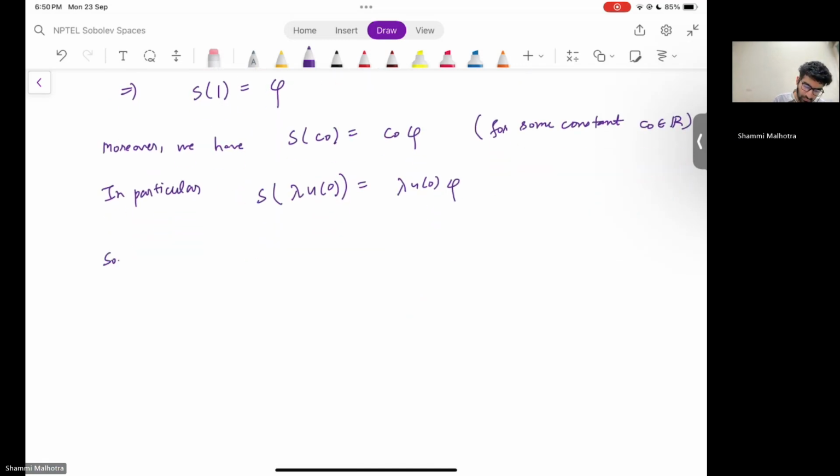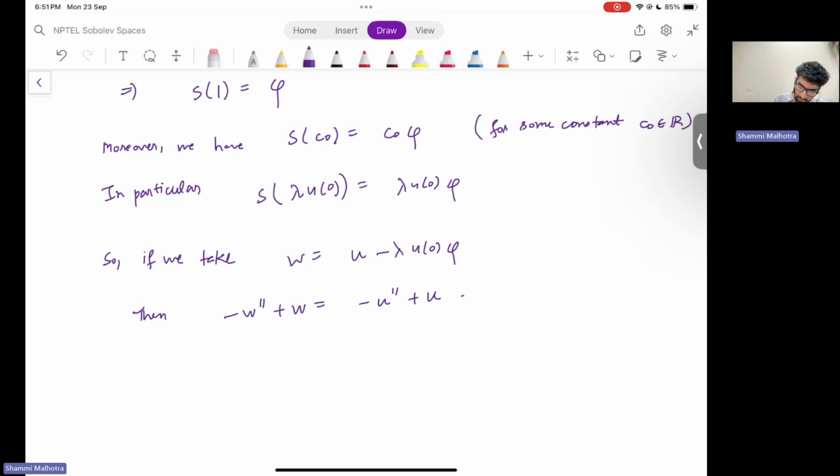So if we take W equal to U minus lambda U0 phi, then minus W double dash plus W is nothing but minus U double dash plus U, and then minus lambda U0 times minus phi double dash plus phi, and that is 1 only.